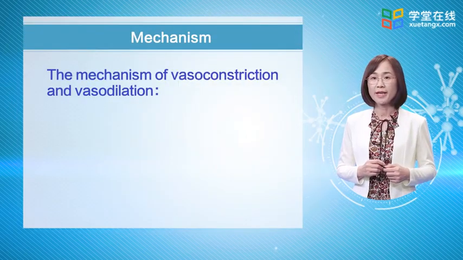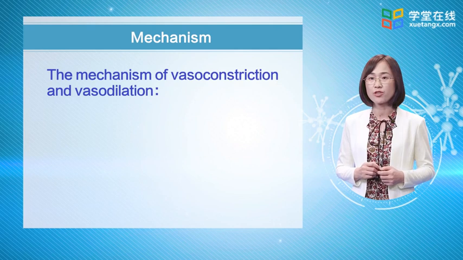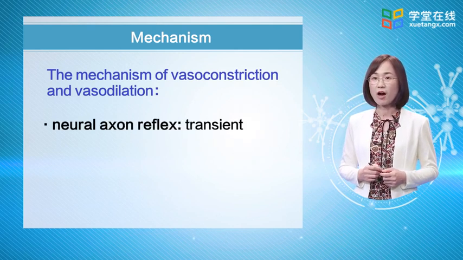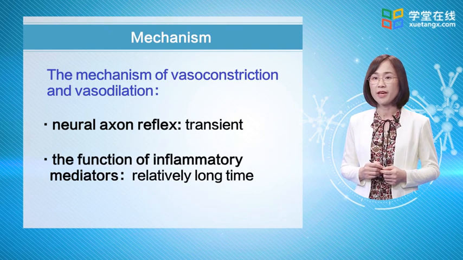One of the mechanisms of vasoconstriction and vasodilation is neural reflex, but it only exerts a transient effect. The main mechanism is the function of inflammatory mediators, which last for a relatively long time.